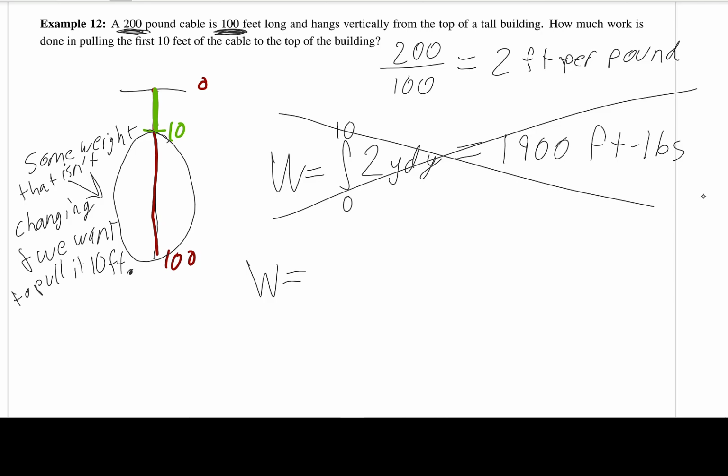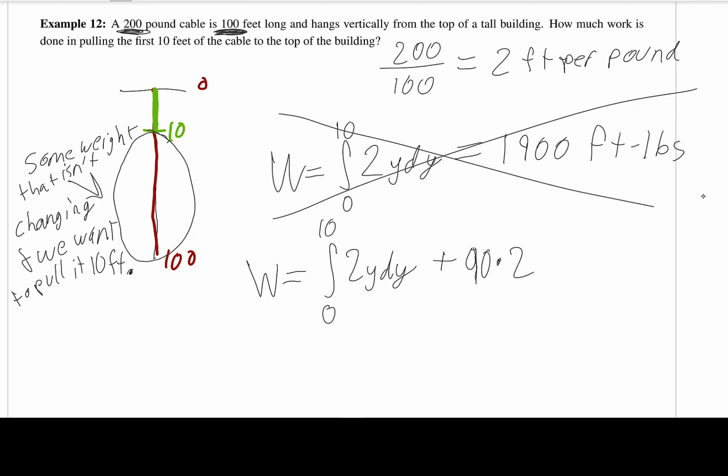So we have that work is going to be the part that we accounted for, right? The green part, the integral of 2y dy, plus now I'm going to do our other part that we just noted, right? To get the work of this, remember, this maroon part never gets to the top of the building, right? So this is going to be a constant force. And that constant force is going to be given by the weight of this portion of the rope. Well, the weight of this portion of the rope is going to be its length, 90, times the weight per unit.